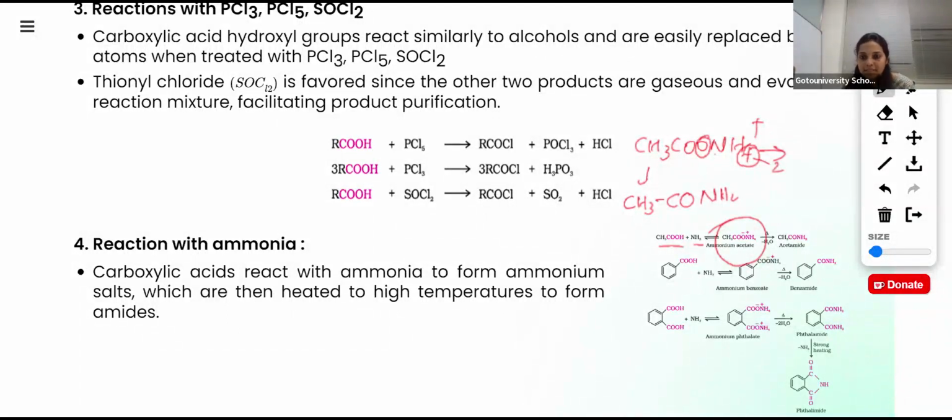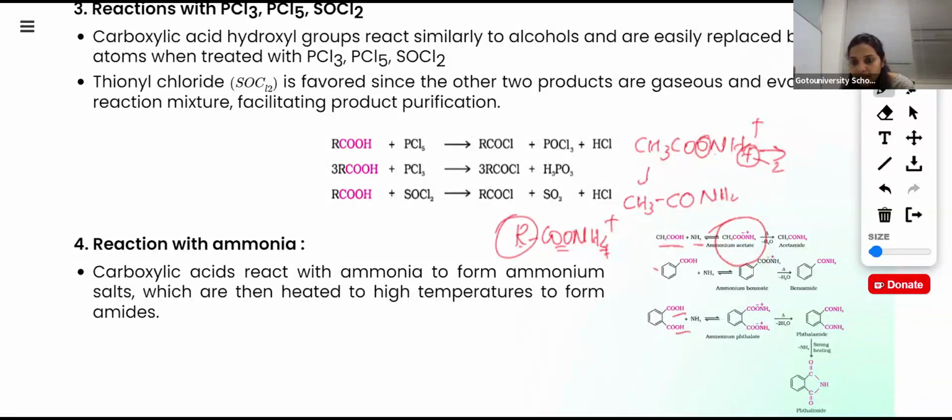Got it? Same thing is here. The COOH group will react with the ammonia to produce RCOO NH4 plus. Whatever the R group, suppose it is CH3, it will be CH3. If it is benzene, it will be benzene. From that one, a water molecule is removed. So first they produce this, called an ammonium salt. Suppose you are taking a dicarboxylic acid, same thing.